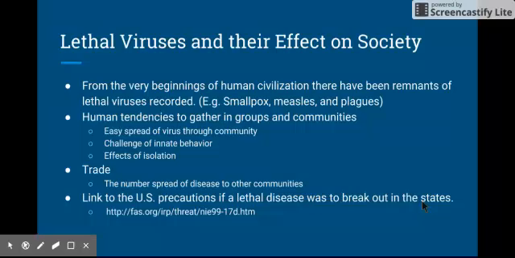So they're basically pushing themselves into solitude, and that's what lethal viruses do. They cause us humans to go against our basic values of gathering and trade and become more of a solitude species.